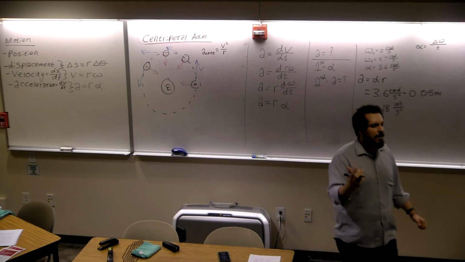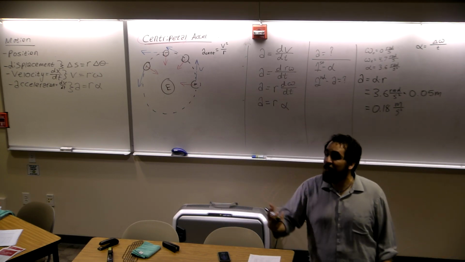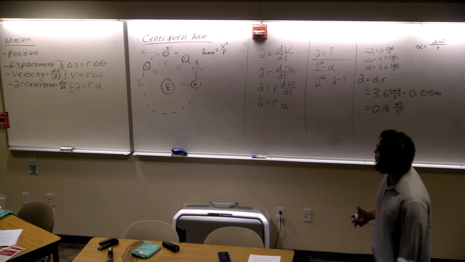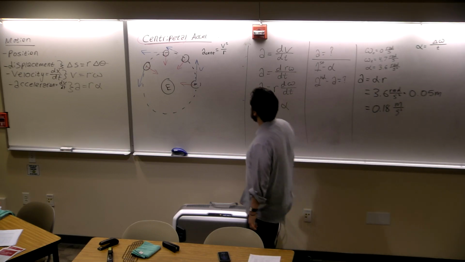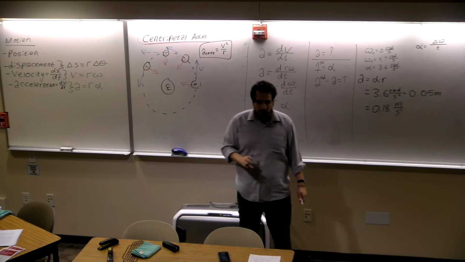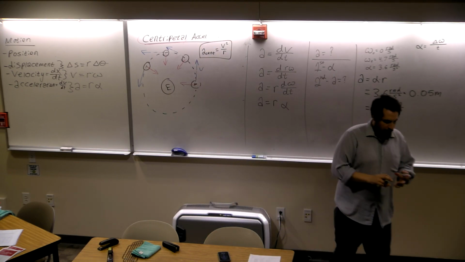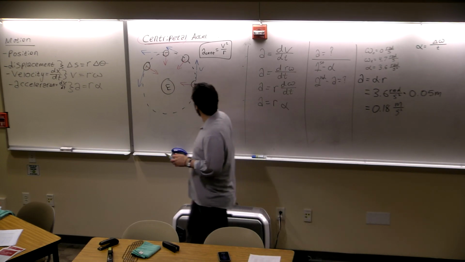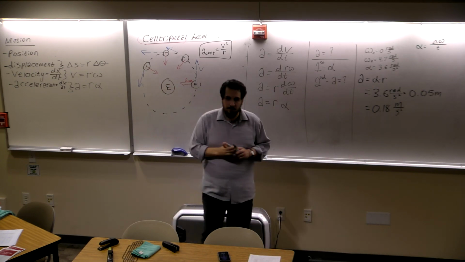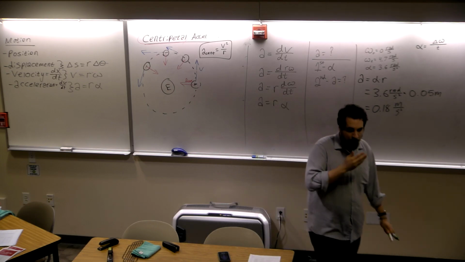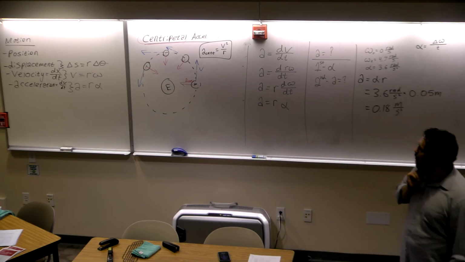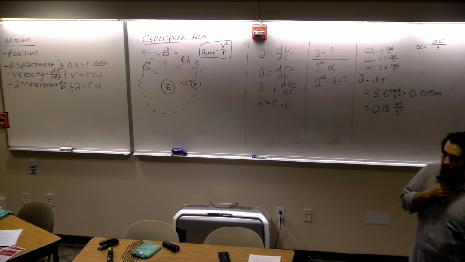V squared, v is your translational velocity, not your rotational velocity. Your translational velocity squared divided by the radial distance. This is your centripetal acceleration. So you have this centripetal acceleration always pointing inwards.